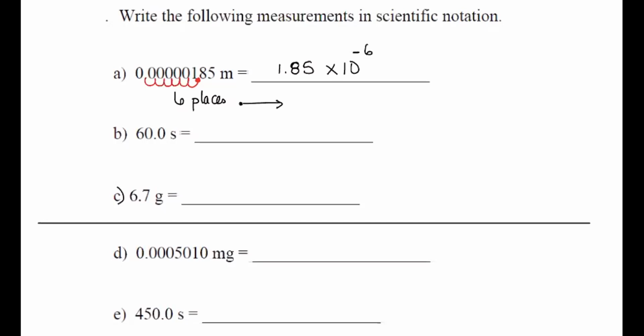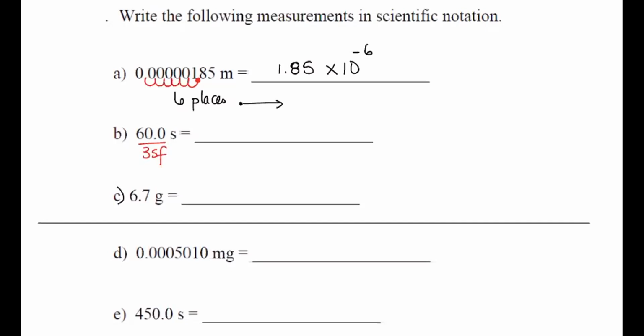Only 1 time. Great. Now, all these measurements that I'm giving you guys are in regular notation, and we need to change them to scientific notation. Let me explain something about some of the values that I see here, because we just learned this. How many sig figs here? Thank you, Atasia. 3 sig figs.